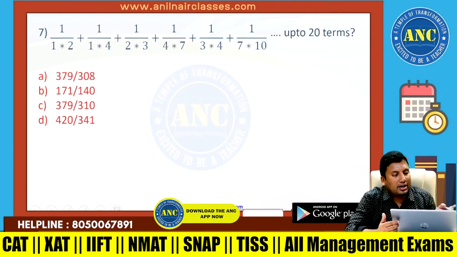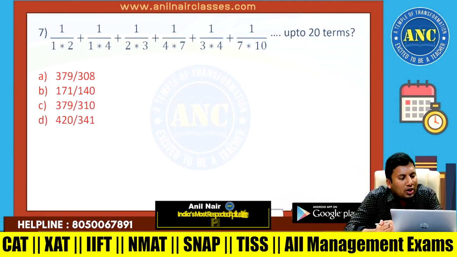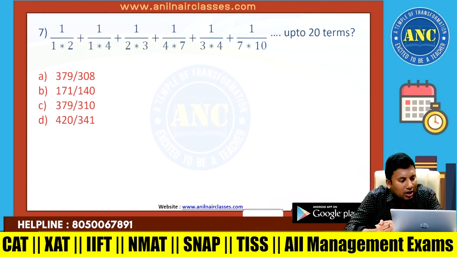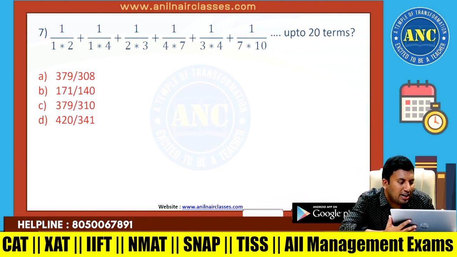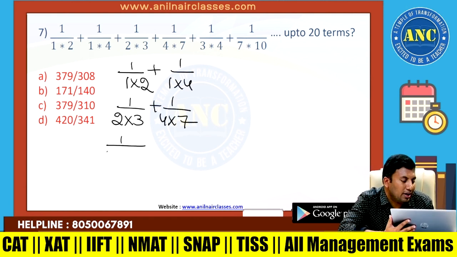Now, next one, 1 by 2 into 1 by 4, and so on up to 1 by 2 into 3, 1 by 4 into 7 and so on up to 20 terms. Now, there are doublets. I will write the question like this: 1 by 1 into 2, 1 by 1 into 4, 1 by 2 into 3, 1 by 4 into 7, 1 by 3 into 4, 1 by 7 into 10, like that.